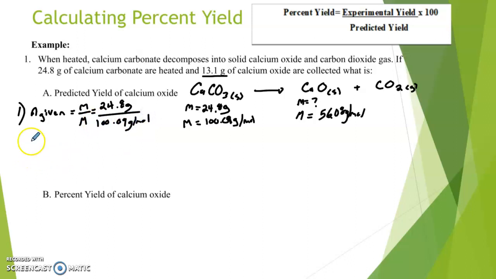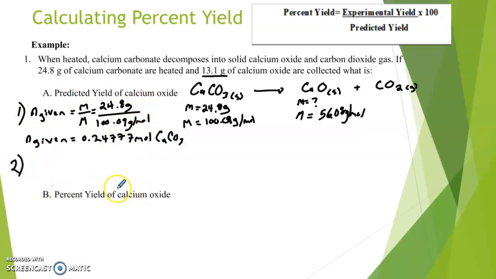We're going to have the moles of the given to be equal to 0.24777 moles, and that's calcium carbonate. So first step, find the moles of the given.